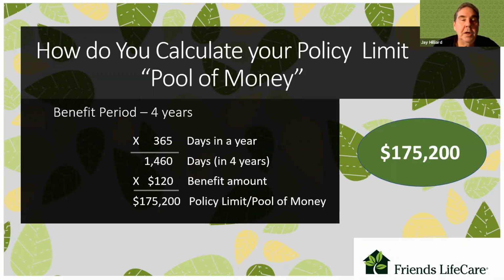So you can come in and out of care. You can use less than $120 a day. If someone only needed care at $60 a day and they needed care every single day, that pool of money would last 8 years before it was extinguished, because you don't lose what you don't use. It stays in the pool of money to make it last longer.